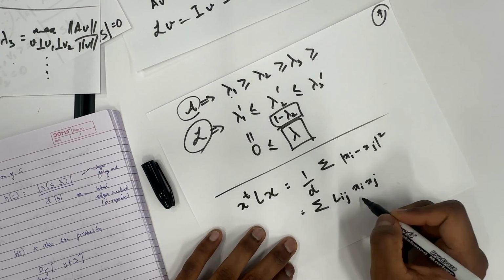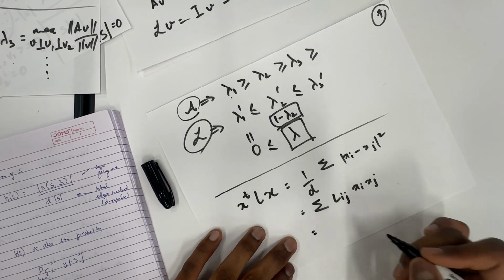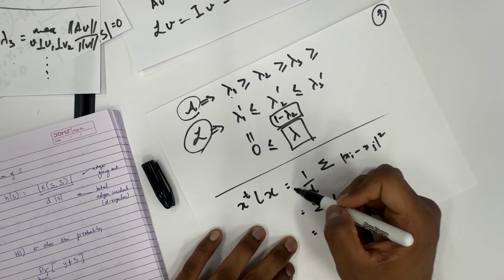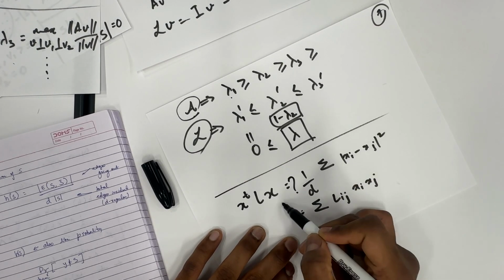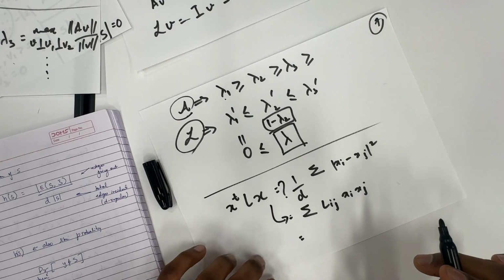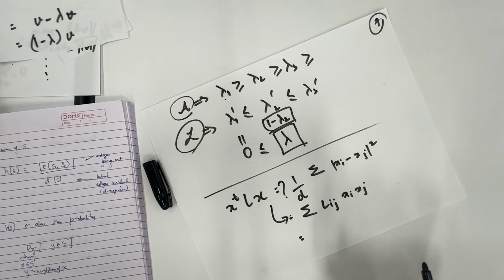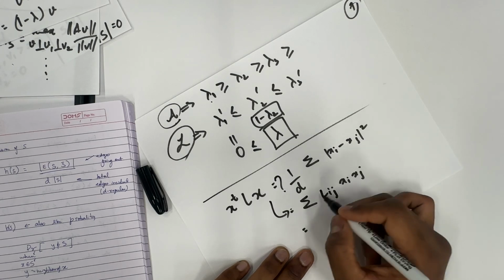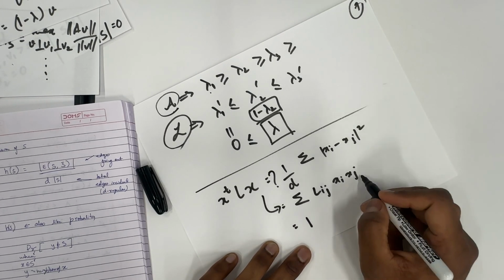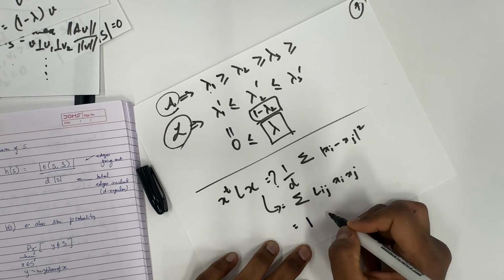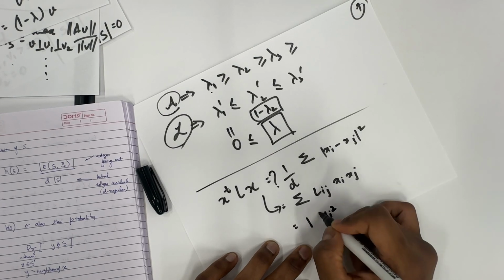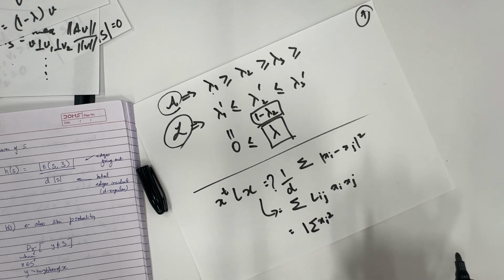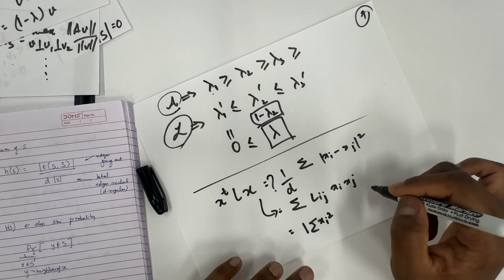I have to prove this, so I'm just looking at this quantity. I should have changed the slide, I guess, but never mind. So Lij is 1 when i and j are the same, so this becomes 1 times xi squared, the sum, for all xi xj.